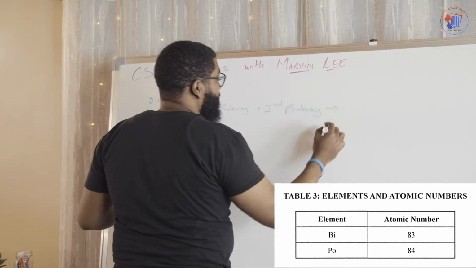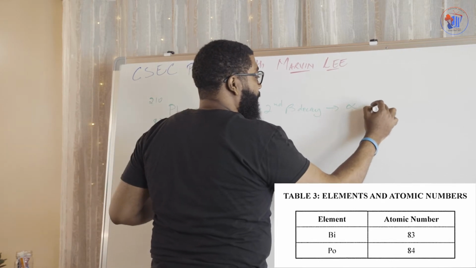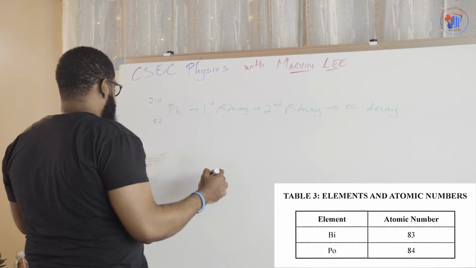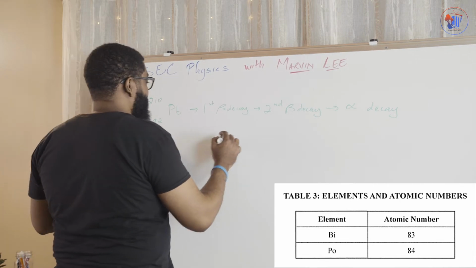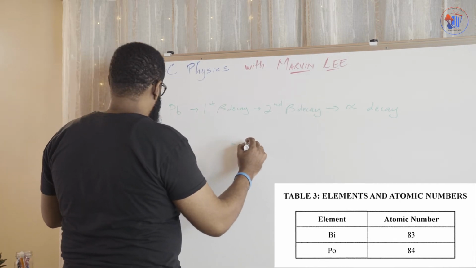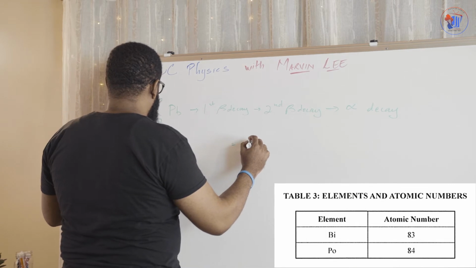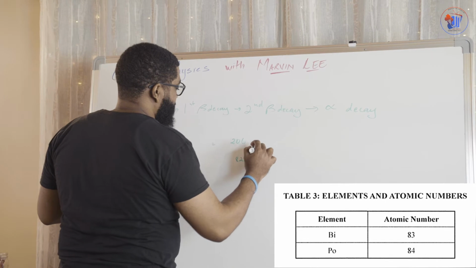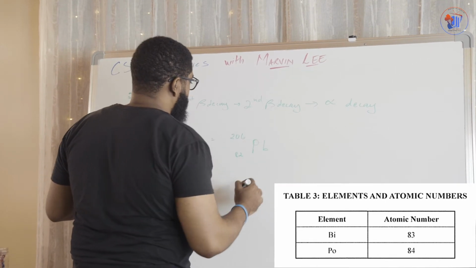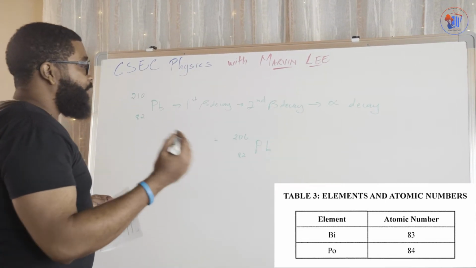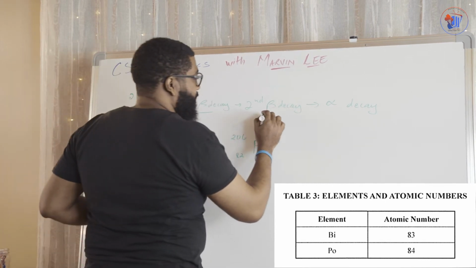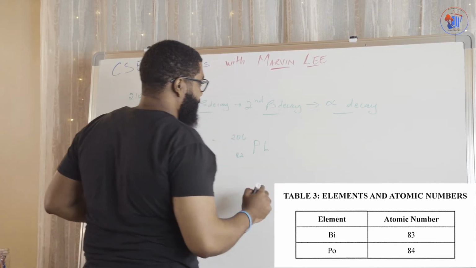And then it goes through an alpha decay to give you the end product of 206, 82, Pb. And what they asked in the question was the first equation, the second equation, and then the third equation.